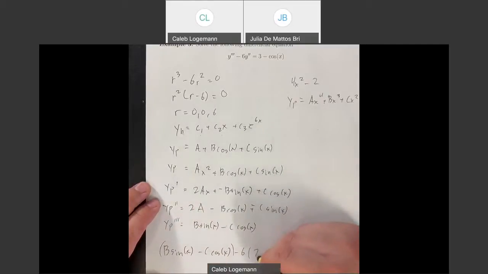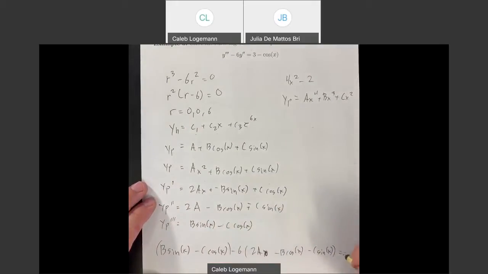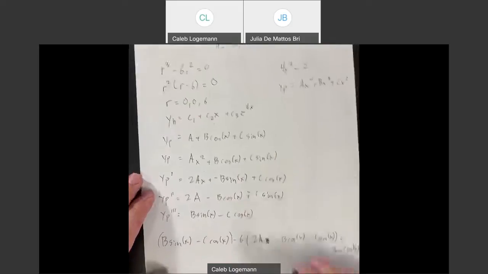So minus 6 times 2a, no x, minus b cosine minus c sine, and that should equal 3 minus cosine of x.